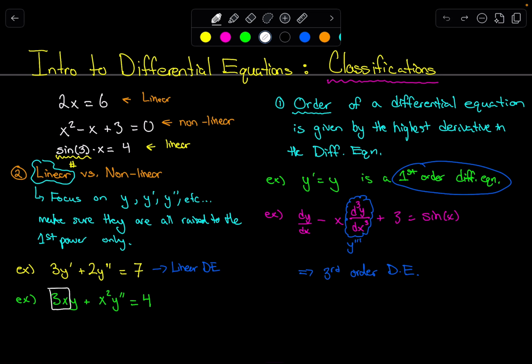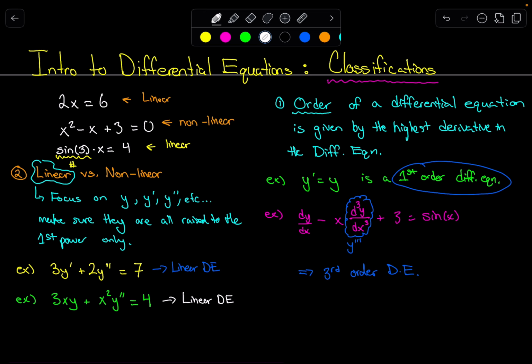I don't care about those because the variable that we are solving for is y. And so I only want to look at the stuff with the y double prime, and say, hey, do I have anything raised to the first power? Do I have anything inside of like a natural log? Anything super weird? And since, again, the answer is no, this is also what we call a linear differential equation.